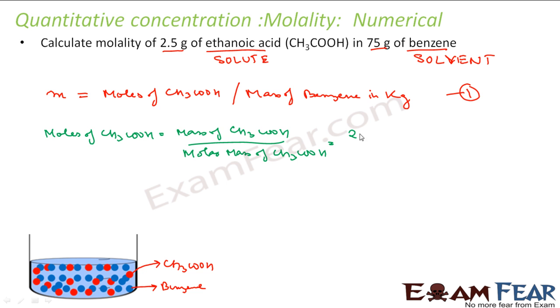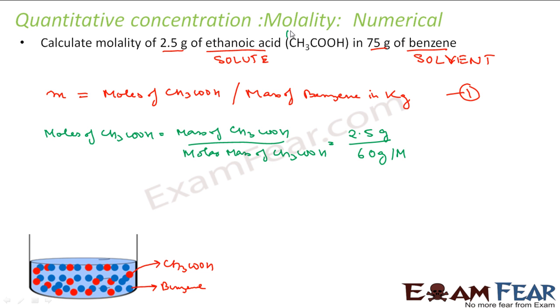2.5 grams. Please note the units here. What is the molar mass of ethanoic acid that we can find? If you want, you can do it on your own. It will come out to be 60 grams per mole.